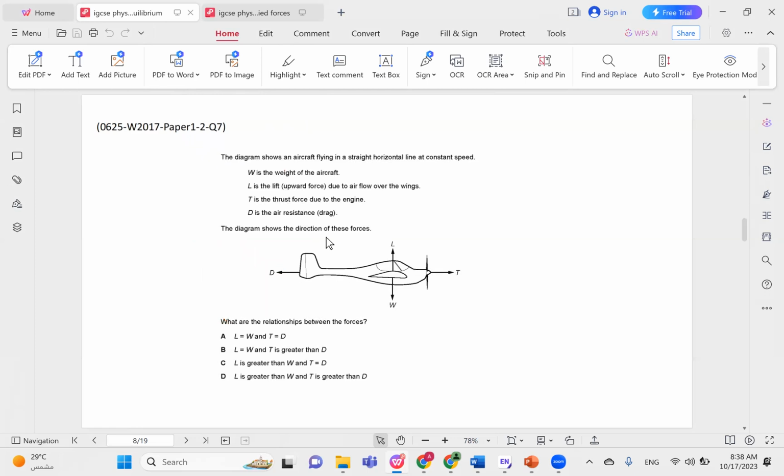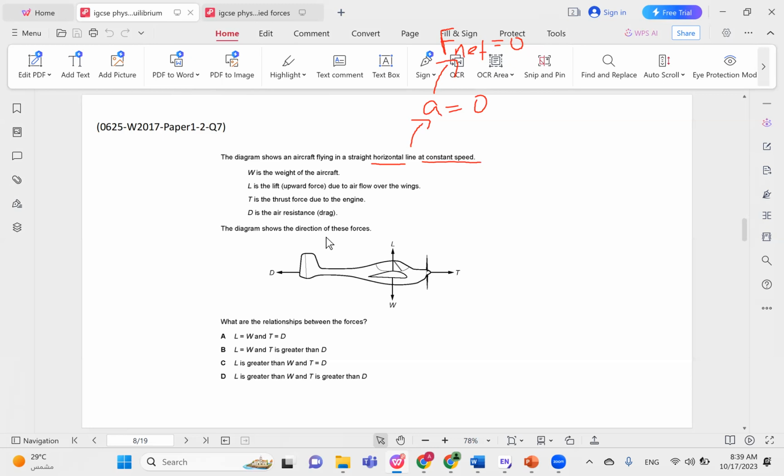The diagram shows an aircraft flying in a straight horizontal line at constant speed. Again, if I see the words steady speed or constant speed, I automatically translate into zero acceleration because it's also in a horizontal line, so there is no change in direction. So the acceleration is zero, and therefore the resultant force or the net force is zero. So what are the relationships between the forces?